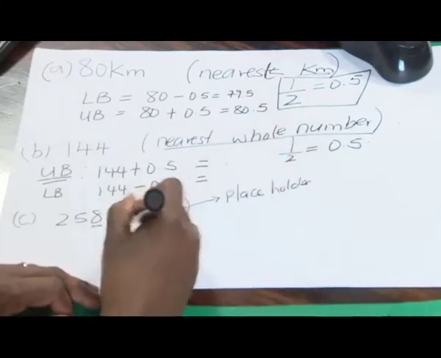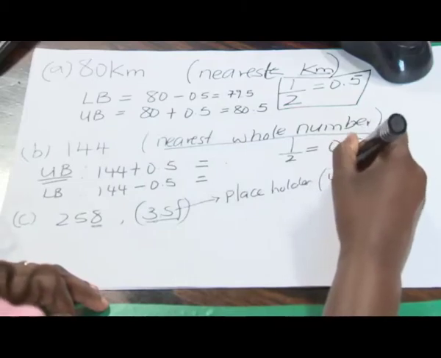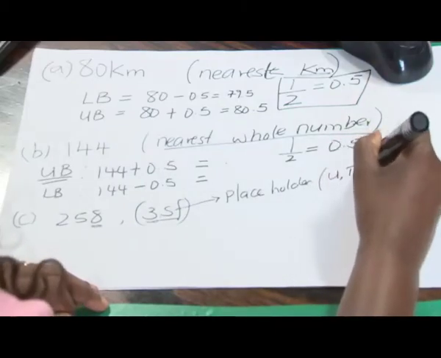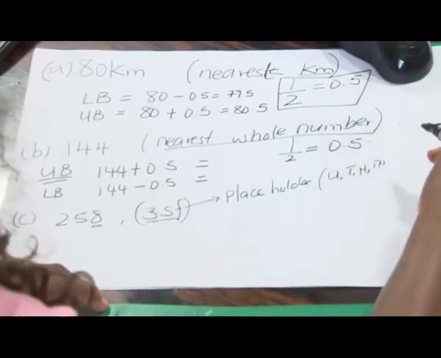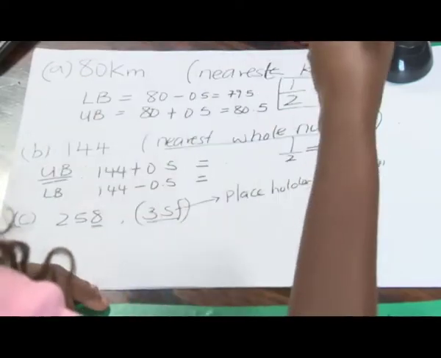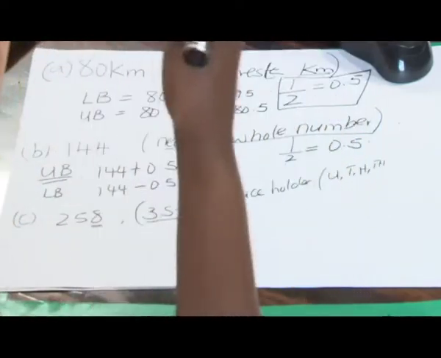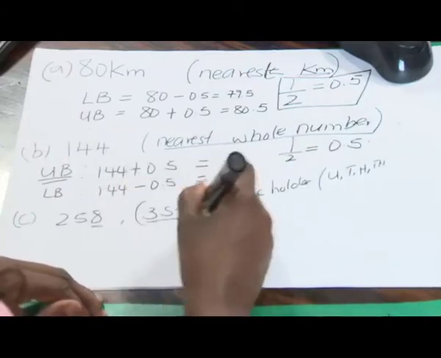What is the placeholder of 8? Placeholder we mean is 8 a unit, a tenth, 100, 1,000, and so on. Now if you look at 8, my 8 is a unit. A unit is regarded as a 1. That's why in this case here, we are going to use 1.